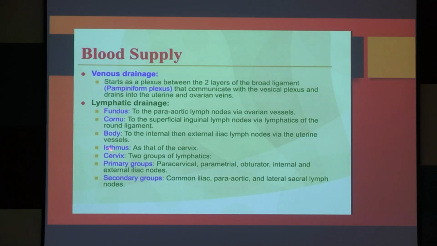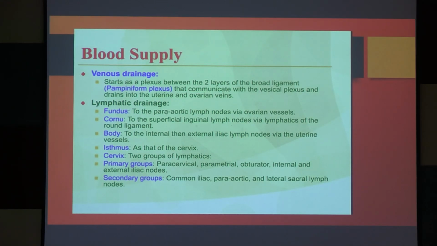Lymphatic drainage is very, very important. It will be discussed in detail during the operation for the malignancies of the uterus and cervix. But very important: the lymphatic drainage of the uterus from the fundus goes to the para-aortic nodes.